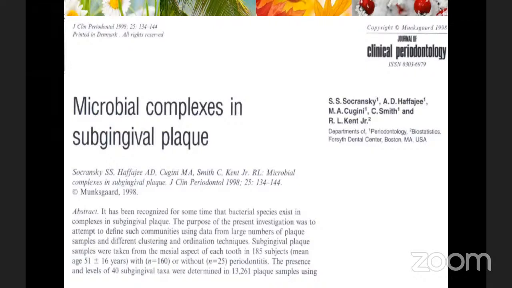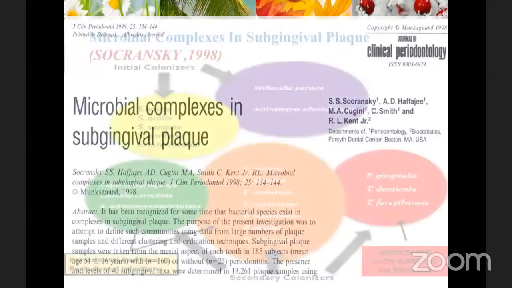The red complex is basically involved in periodontopathogenesis, and bleeding on probing is mainly because of this red complex. This color coding is just to provide easy conceptualization of this theory.